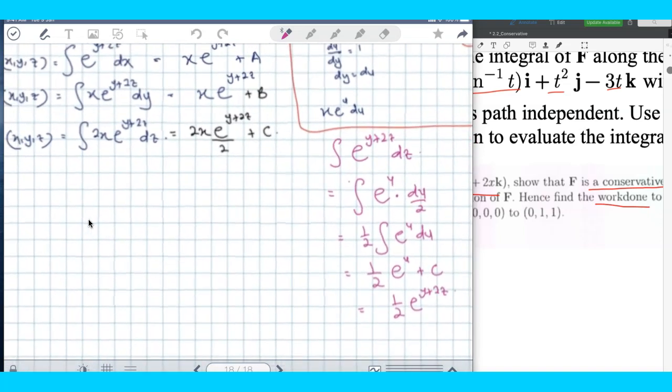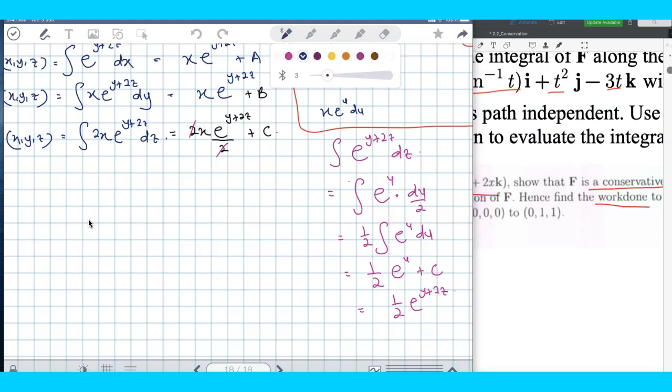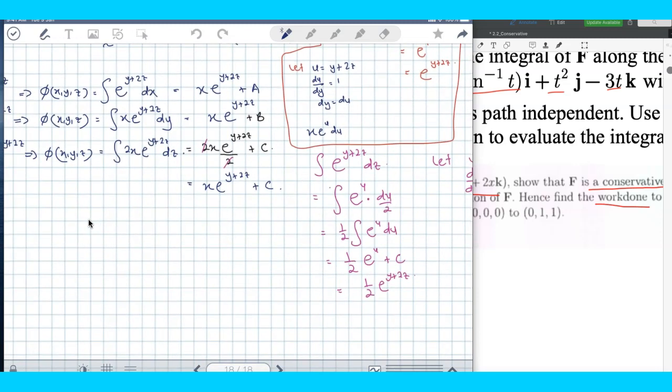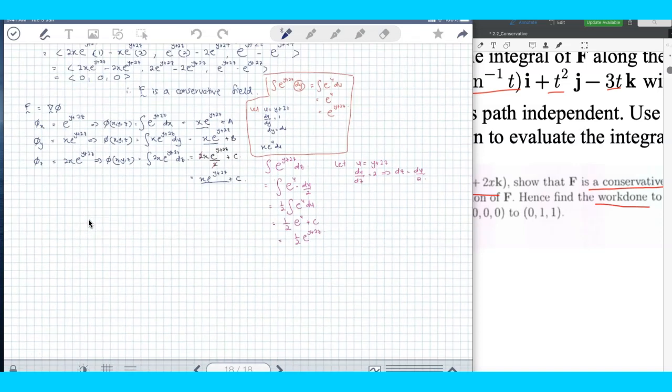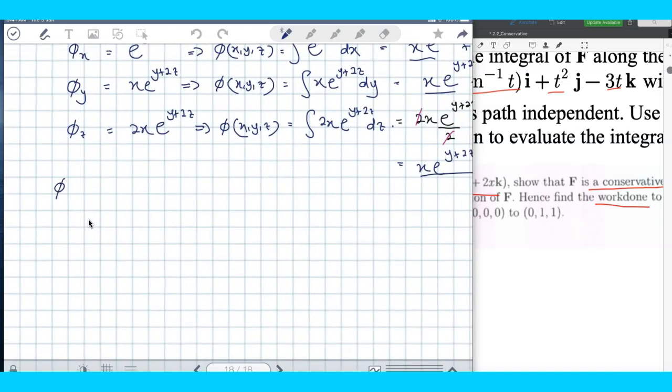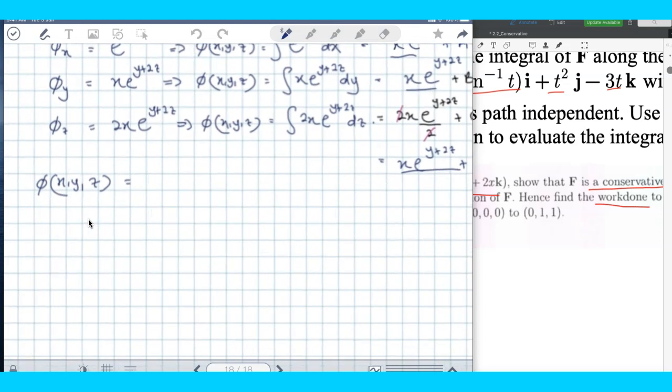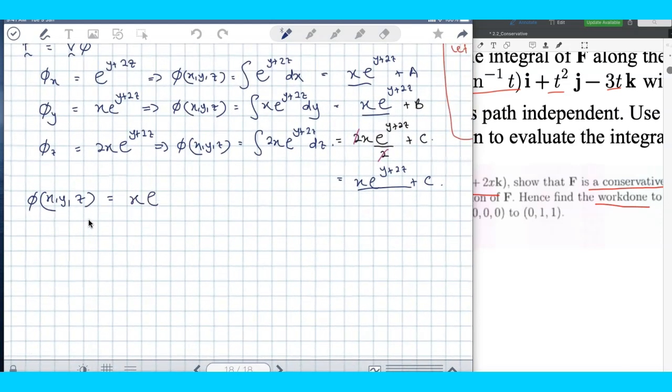Because x is there, it can be cancelled out, and then we have only x e^(y+2z) plus C. So they are all the same, right? x e^(y+2z), x e^(y+2z), and this one also x e^(y+2z). So the scalar potential function that we are looking for is, because they are the same, you just take one of them, where we have x e^(y+2z) plus D. Okay.